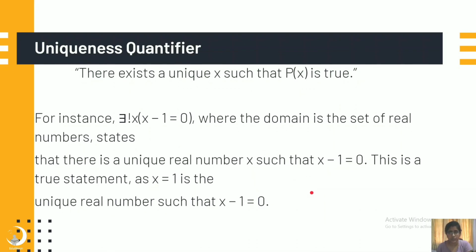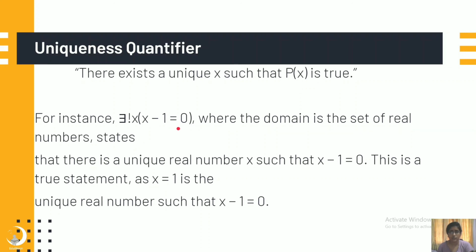Uniqueness quantifier. We don't actually need the uniqueness quantifier because we can express it with the help of the universal and existential quantifiers. So let's see what the uniqueness quantifier is all about. There exists a unique x such that P of X is true. For instance, take the condition x minus 1 equals 0.